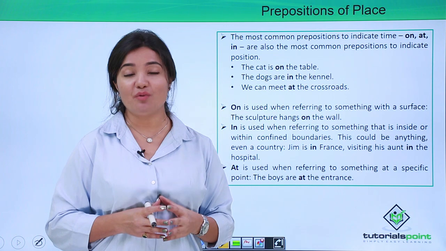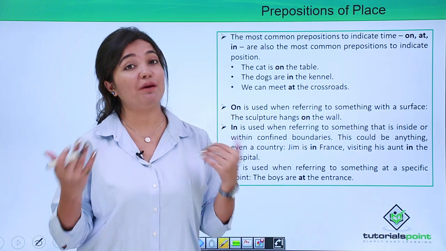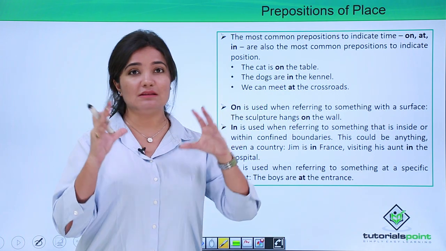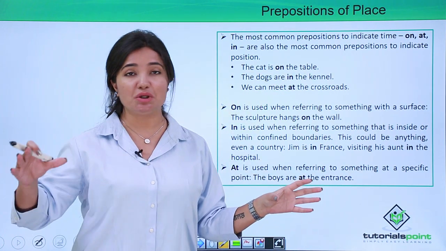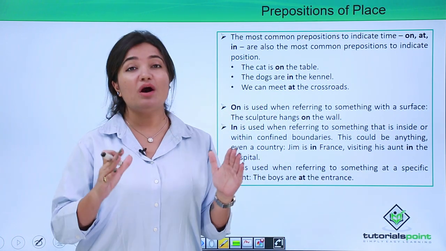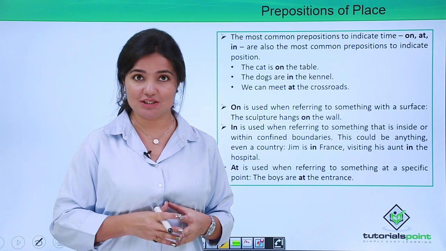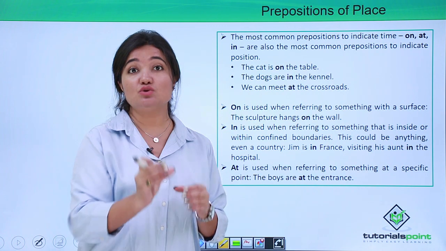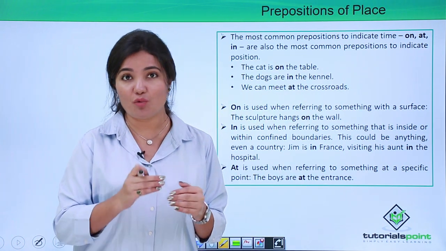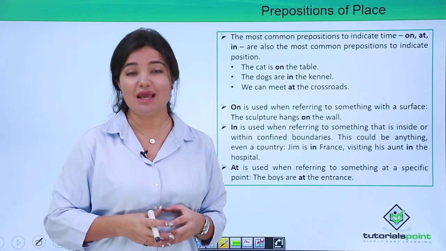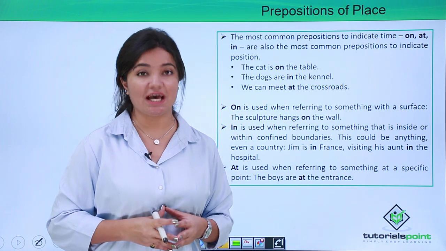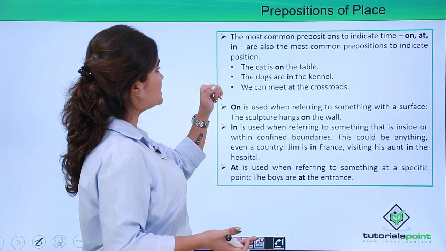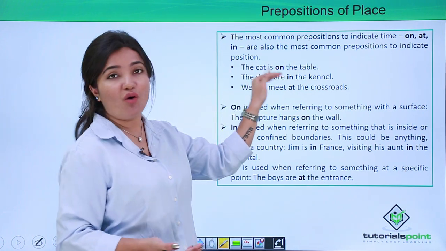So it is really important that you don't gauge prepositions just basis a few words you crammed, saying these are prepositions of time, place and so on. No, you have to gauge them basis the context of the sentence, for which you should be clear as to what the speaker or the writer is trying to convey. Basis that you should judge and decide whether it is a preposition of time or place, right? So let us see an example. The cat is on the table.